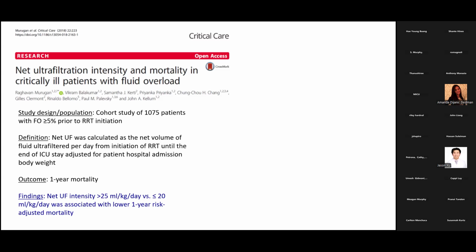They adjusted the net ultrafiltration intensity based on the kilograms of the patient and also the total number of days of the treatment. So this is a metric, that's why I've told you that you need to take into consideration the units when you want to extrapolate these.